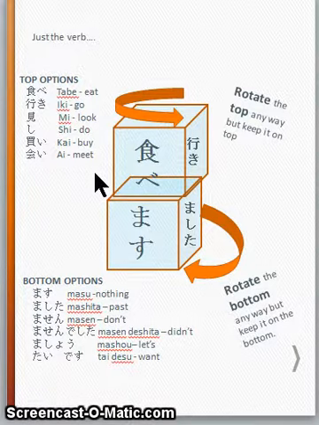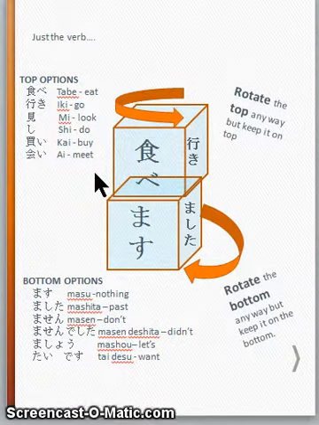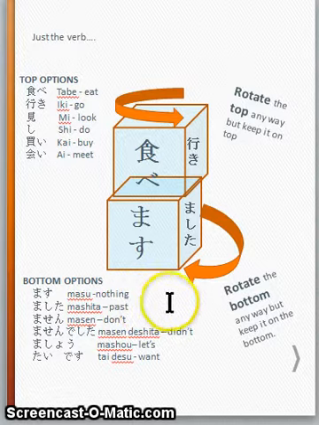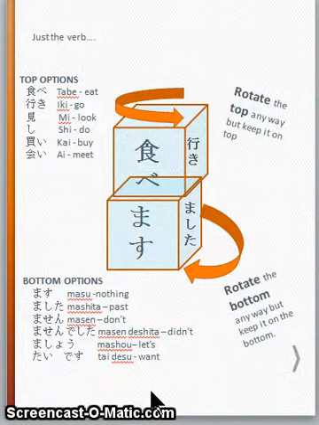At the moment we're working with masu form verbs. A masu form verb must have masu on it, or a variation of masu. So there's a variety of bottom options here. There are masu, nothing, it doesn't change the meaning of the original verb.